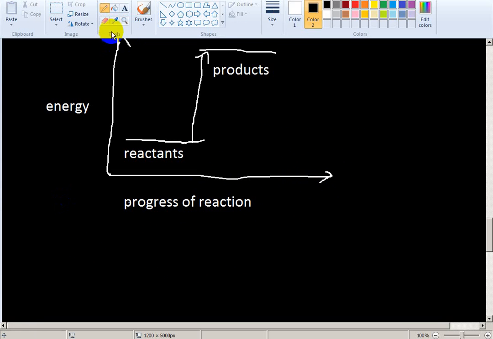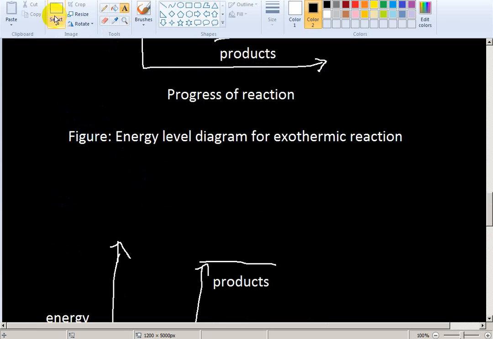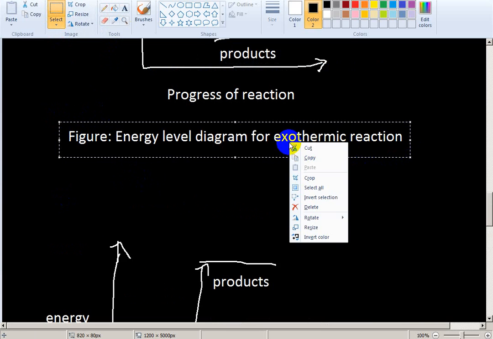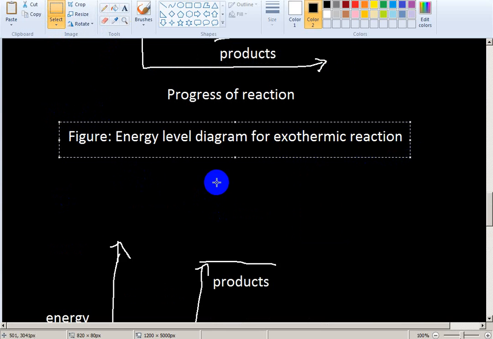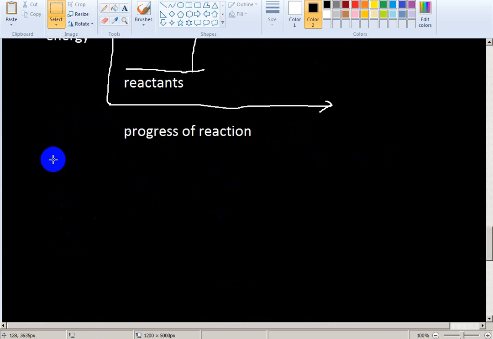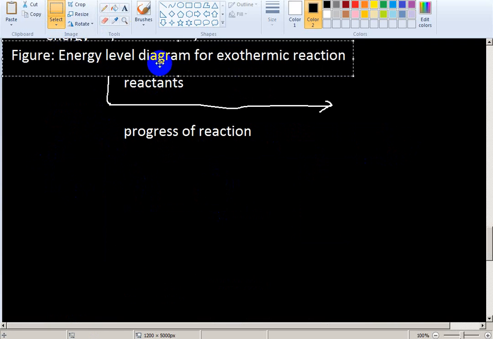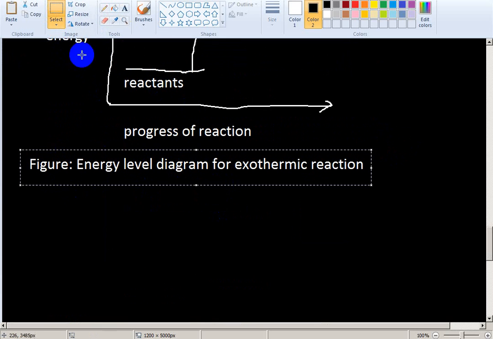Okay, this is the energy level diagram for the endothermic reaction. I should copy this one. Energy level diagram for endothermic reaction.